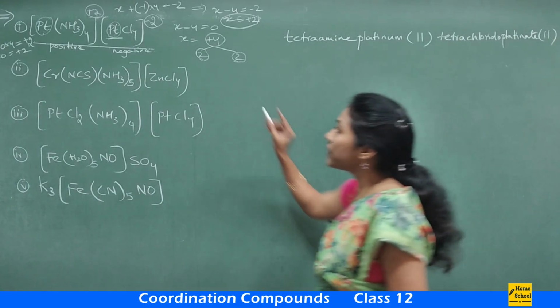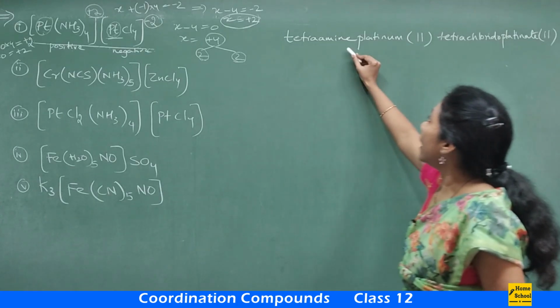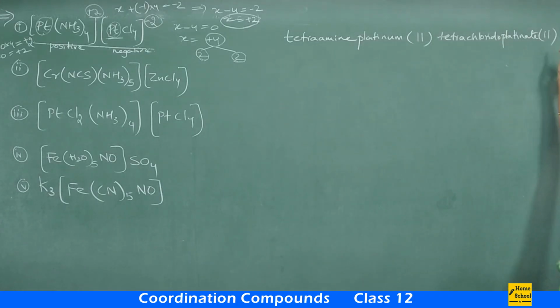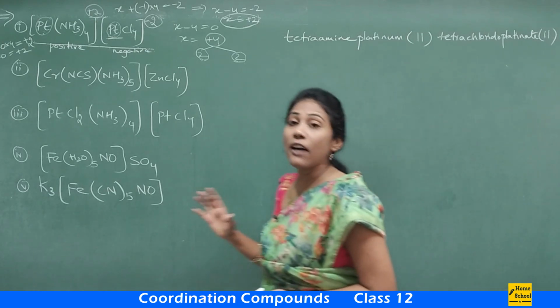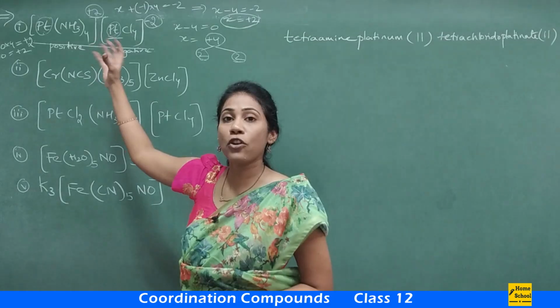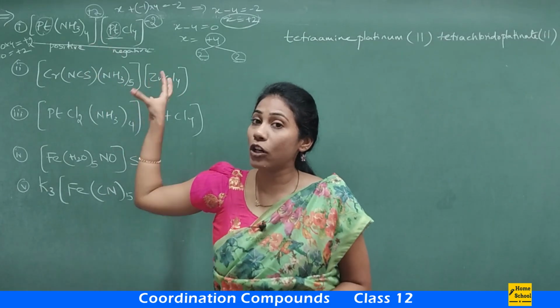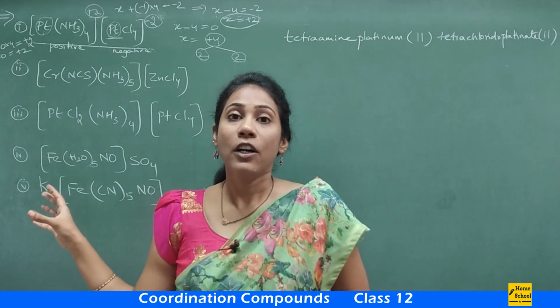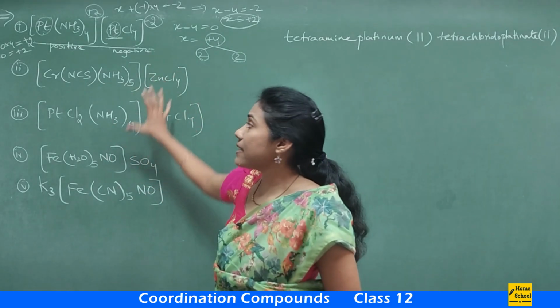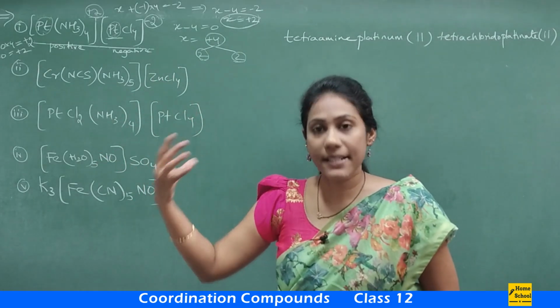So the name of this complex is tetraamine platinum(II) tetrachlorido platinate(II). This is how you have to name such complexes. The positive part is in complex form and the negative part is also in complex form. Such kinds of complexes are called double complex salts.